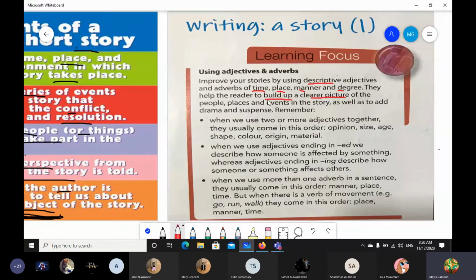We have here a phrasal verb which is build up a clearer picture of the people, the characters, the places, where does the story take place, and the events, a series of events which is our plot in the story, as well as to add drama and suspense, which means the tashwiq, that you don't know something and you get to know it.